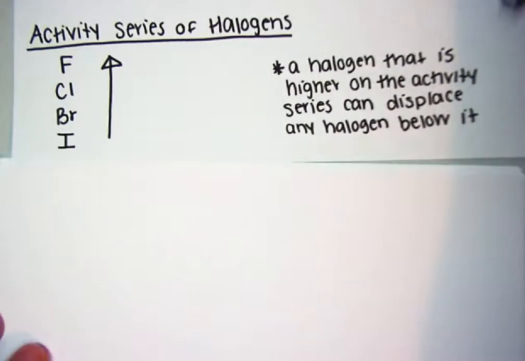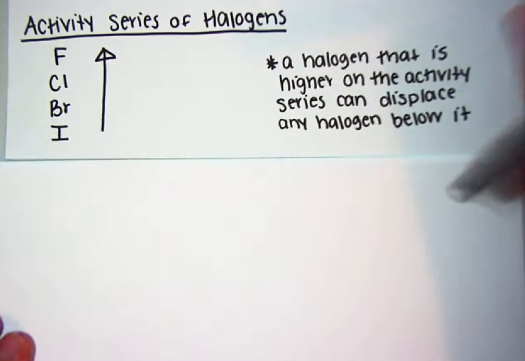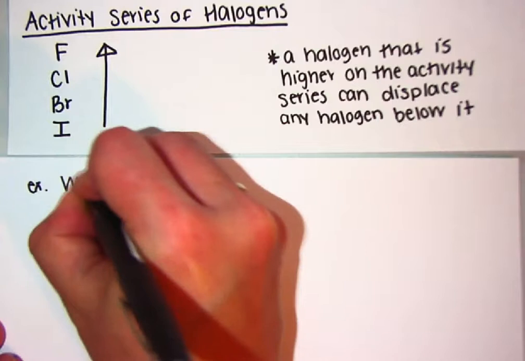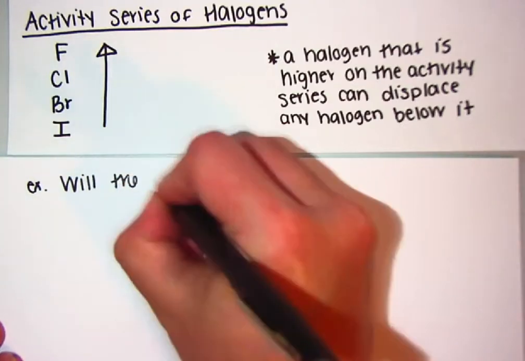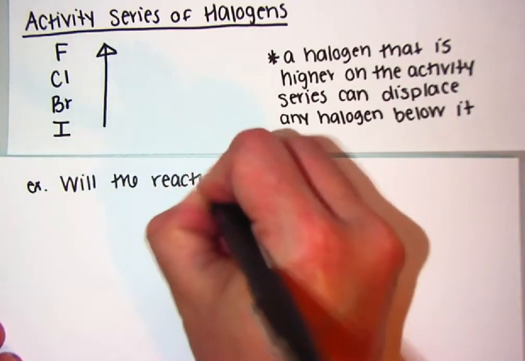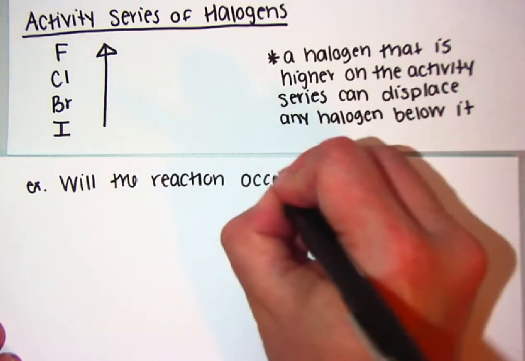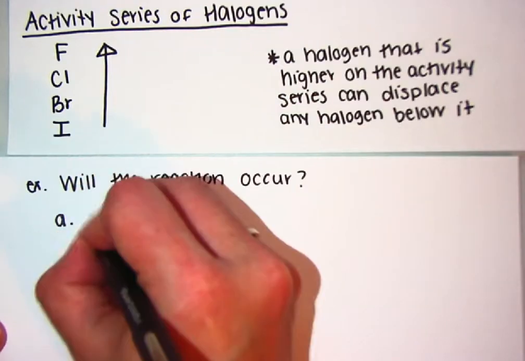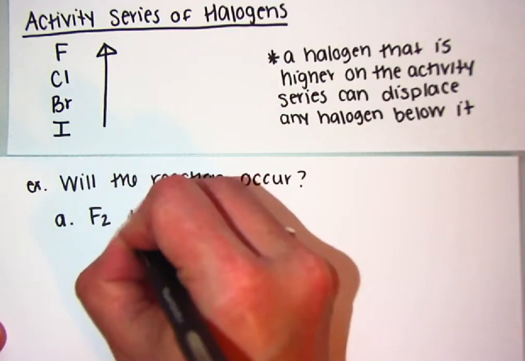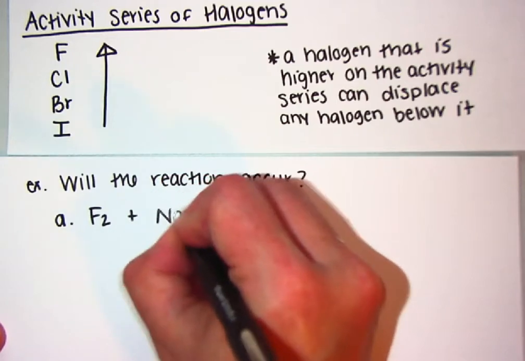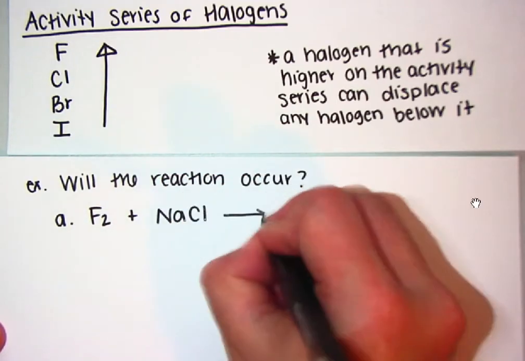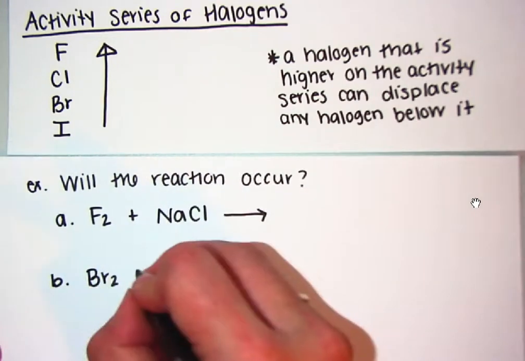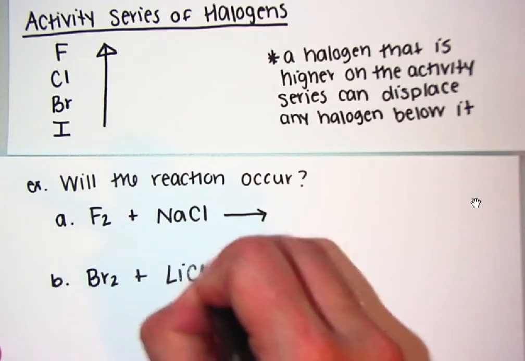So let's look at two examples for our halogens. So same question. Will the reaction occur? Fluorine plus sodium chloride. And then let's do bromine plus lithium chloride.